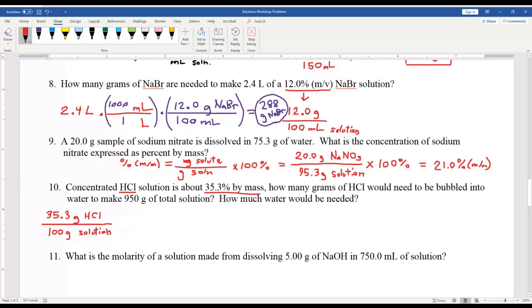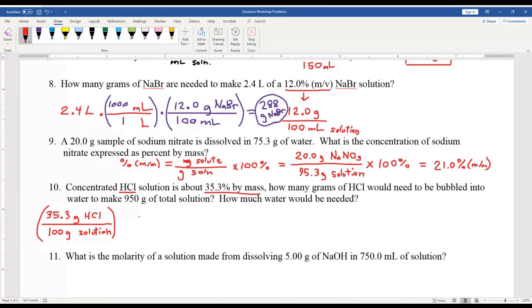Okay, so now we have our conversion factor. The question is how many grams of HCl would need to be bubbled into water to make 950 grams of total solution. The only thing I can start with is the 950 grams of total solution.